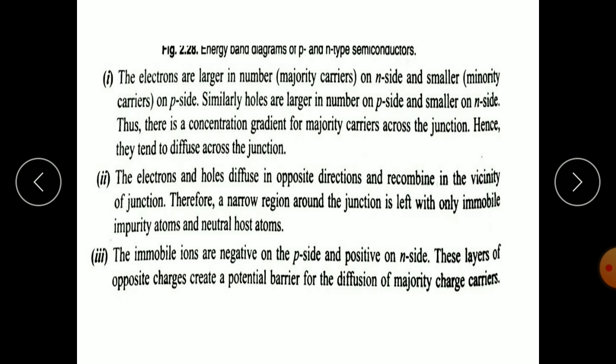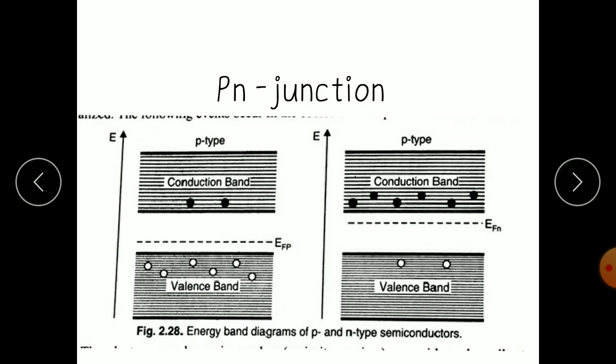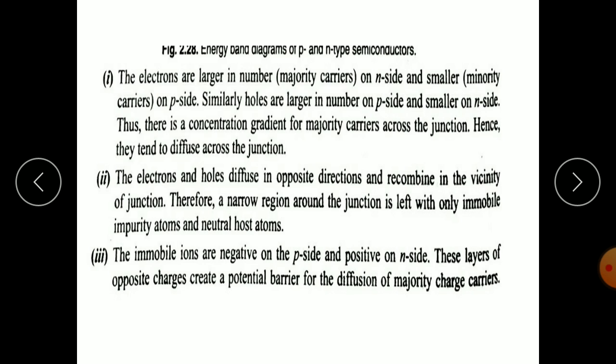Electrons are larger in number on the n side and smaller on the p side. Electrons in n-type material are majority charge carriers, while electrons in p-type material are minority charge carriers. Similarly, holes are the majority charge carriers in p-type material, and electrons are the minority charge carriers there.